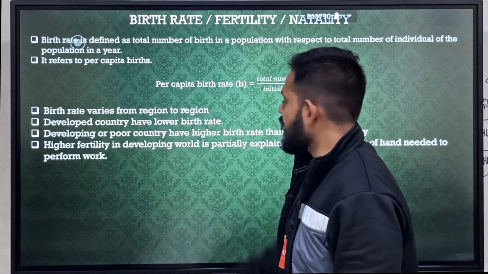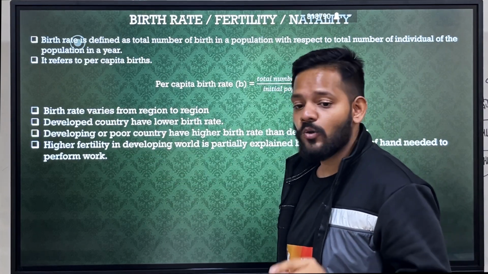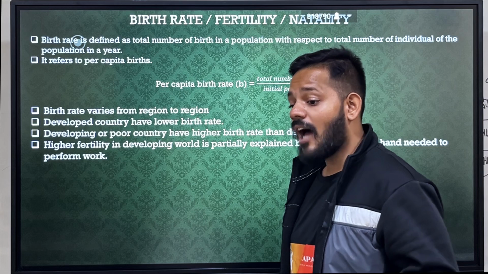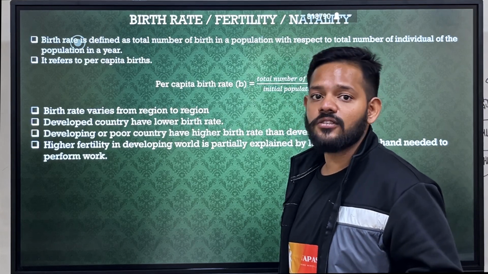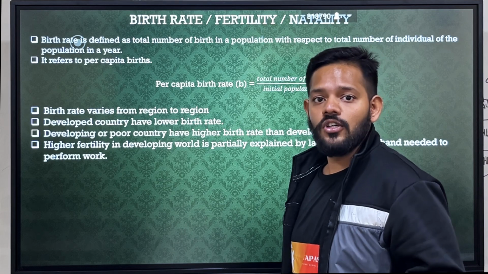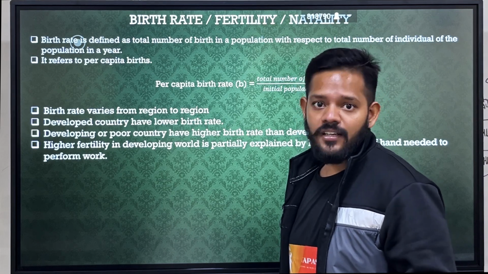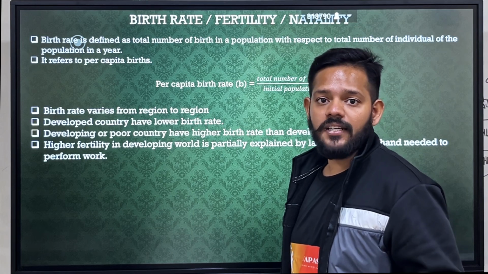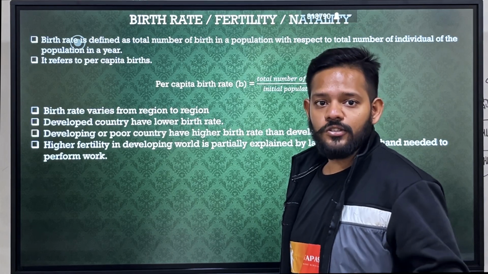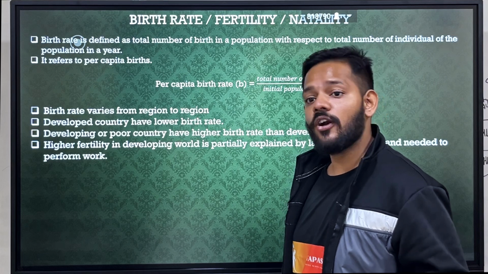Okay, developed countries have a lower birth rate because they know how to control their population, because a high birth rate is also not good for a country. It will consume all the resources of that country. So developed countries like USA and UK have proper birth control plans, so they have a lower or normal birth rate.